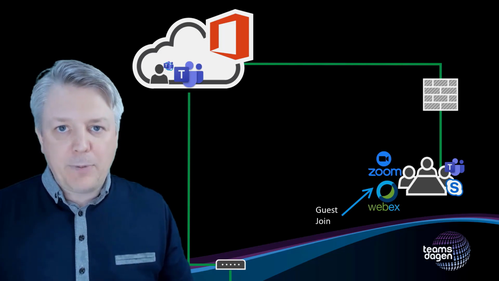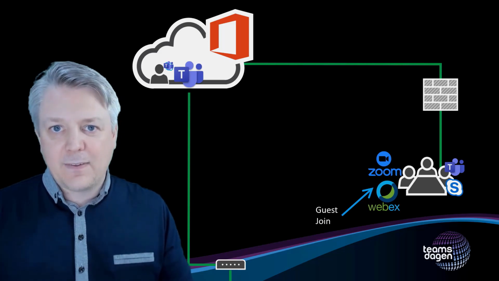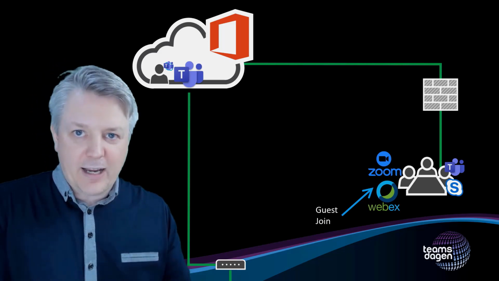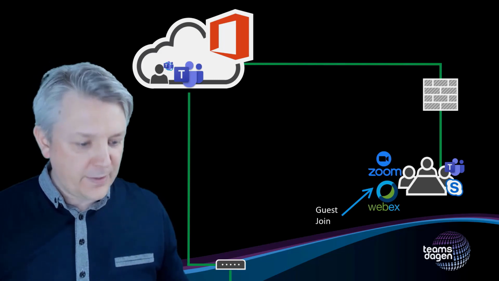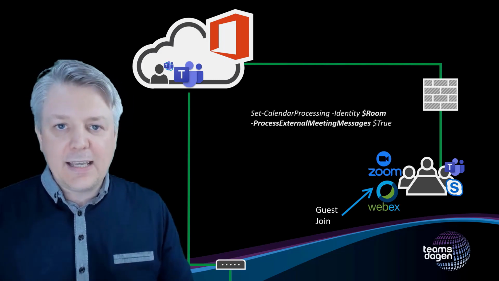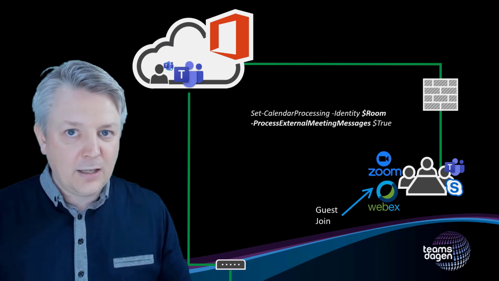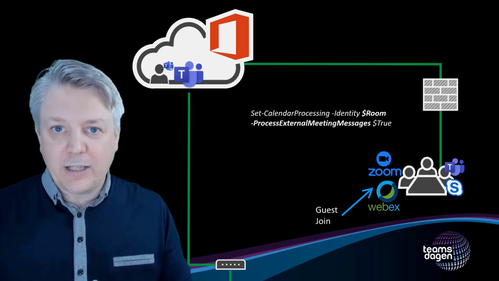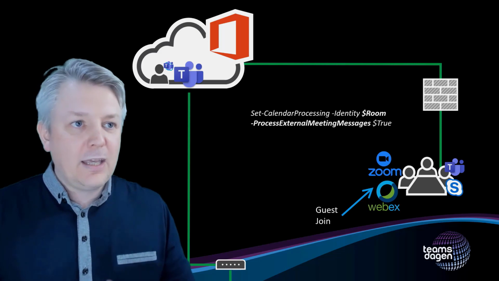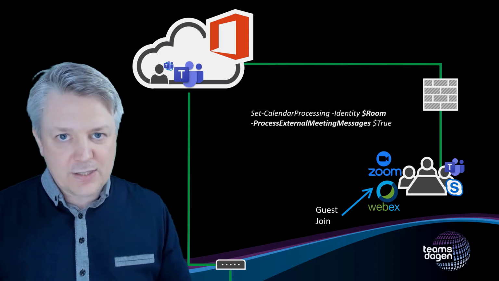What may happen by default is that that meeting does not arrive at the Teams room. And the problem with that is the Exchange calendar processing, which is automatically and by default blocking external meeting messages.